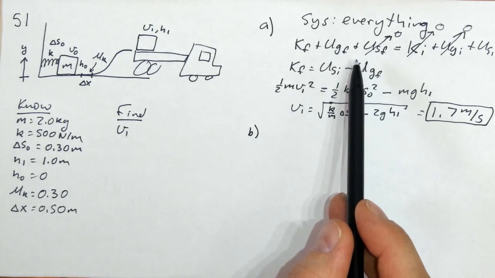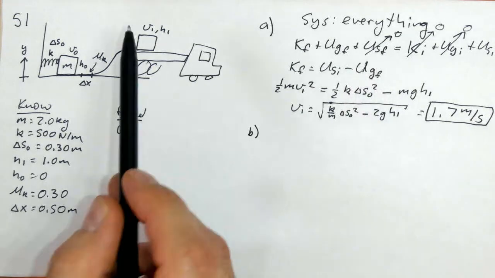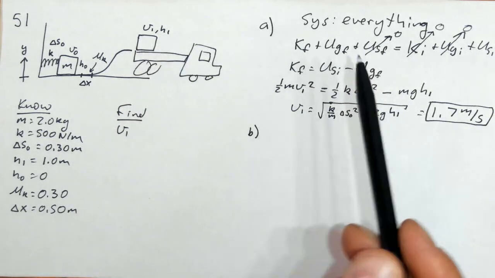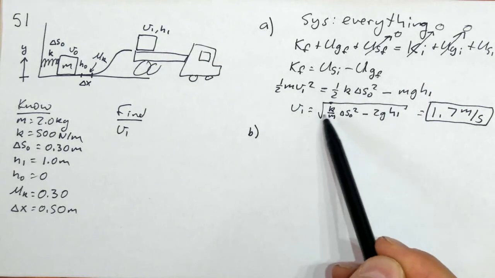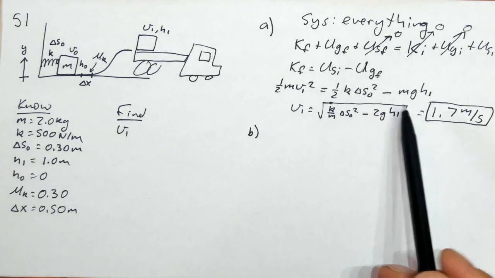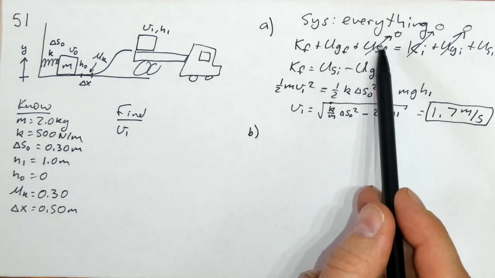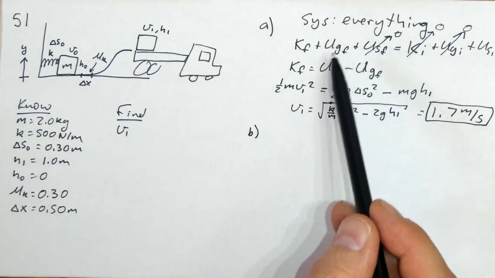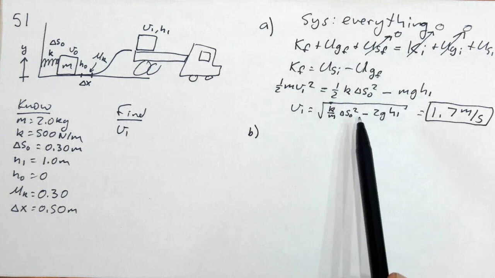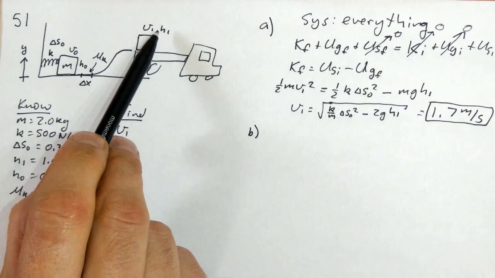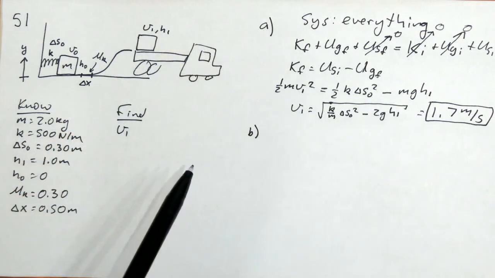I'm going to do it the first way I suggested, finding H1, but you could do it this other way and have almost the same equation, except you have to add a change in thermal energy in your final state and see how that works its way down into the equation. So I'm going to ask, how high up is it when it stops?